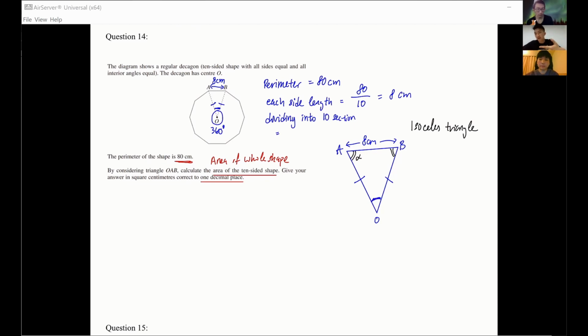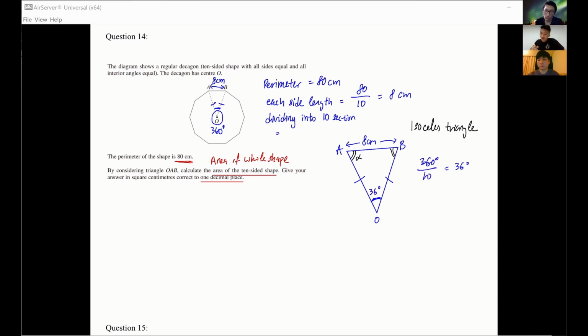What's the value of that angle? The whole thing is 360 degrees, and you divide it into 10, then it becomes 36 degrees.